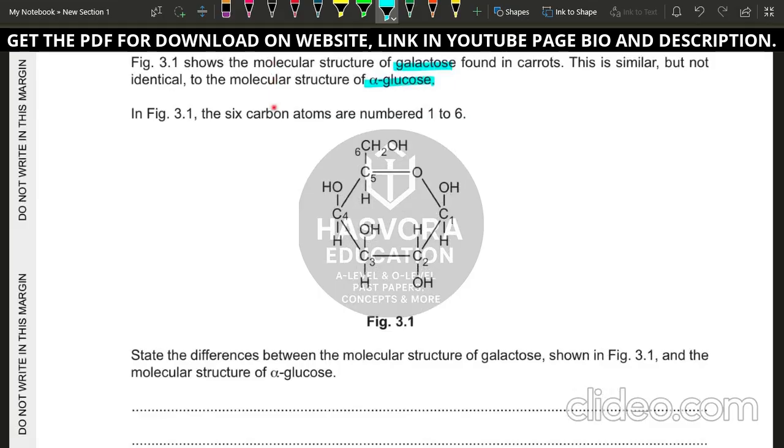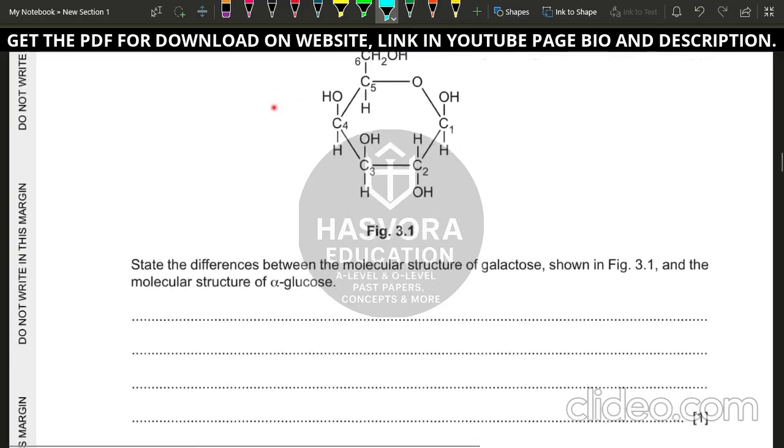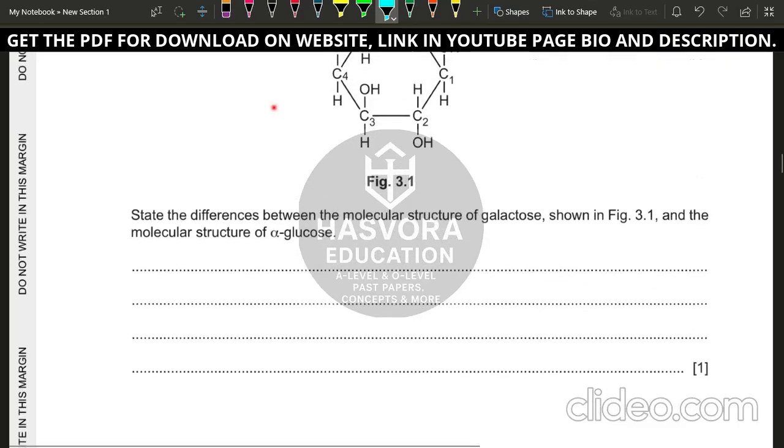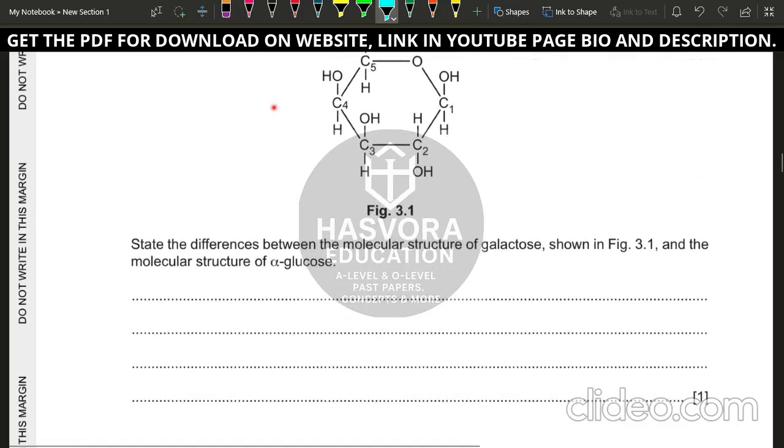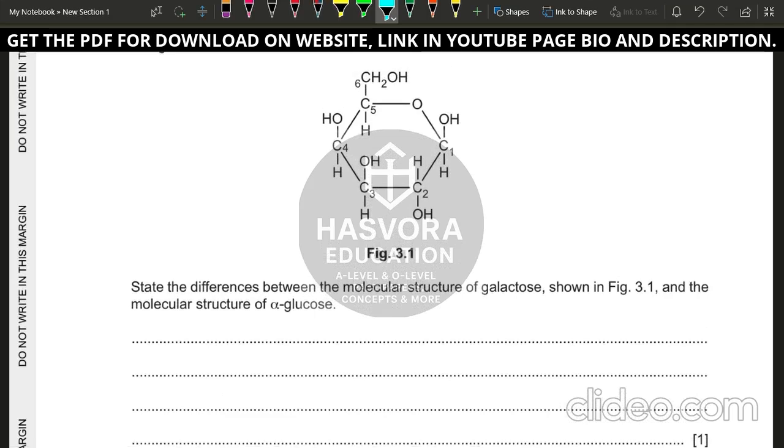State the differences between the molecular structure of galactose shown in figure 3.1 and the molecular structure of alpha glucose. This is worth 1 mark, and it is actually a very simple question. If you know the structure of alpha glucose, let me just draw it.